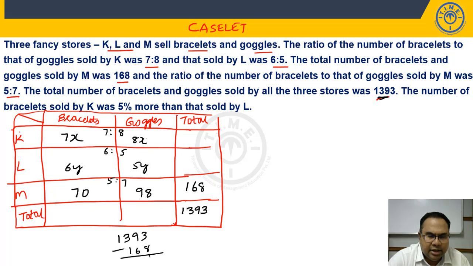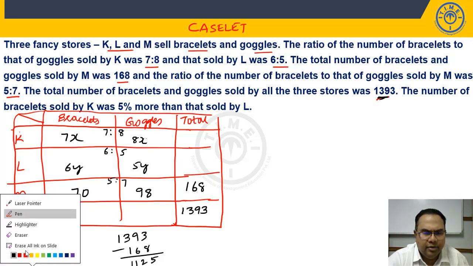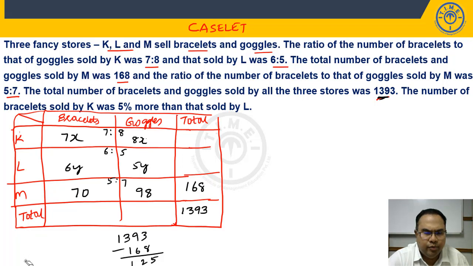So what's the difference? 1225. What is this 1225? Total number of bracelets and goggles in K and L together.